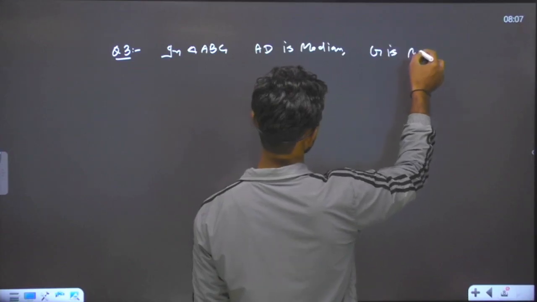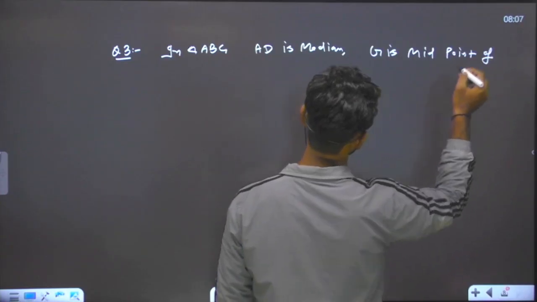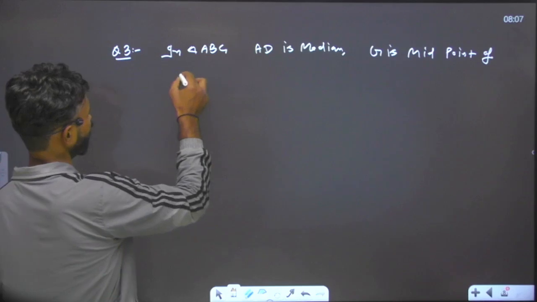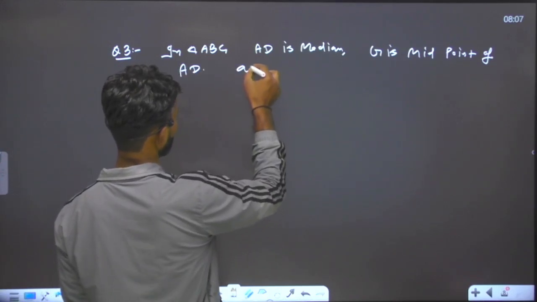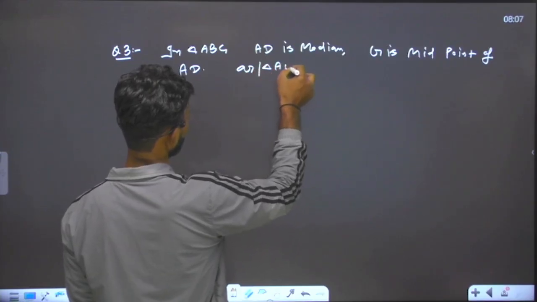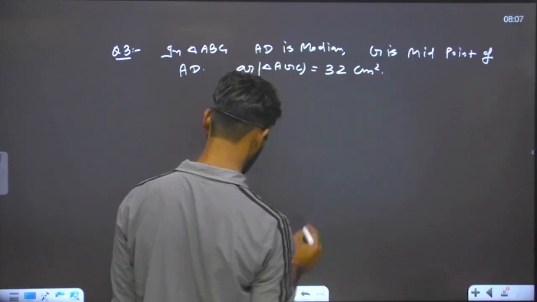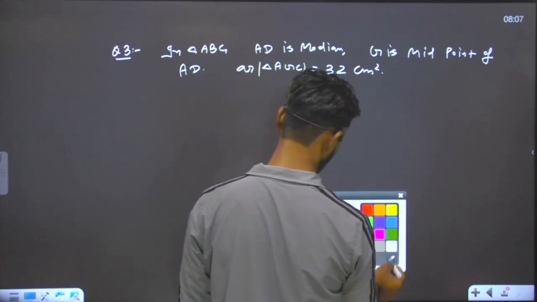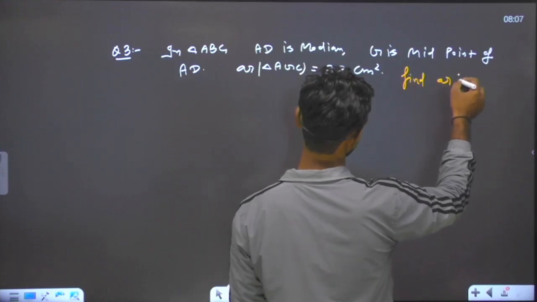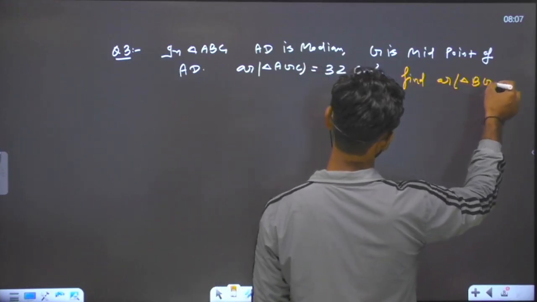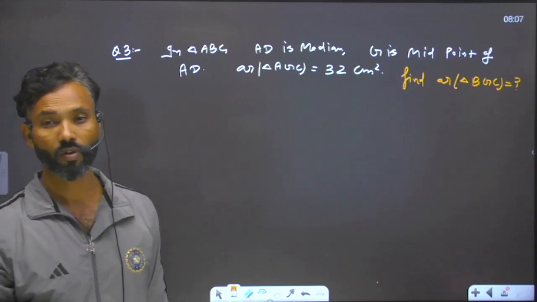The area of triangle AGC is equal to 32 centimeter square. We have to find the area of triangle BGC. We just need to find the area of triangle BGC.